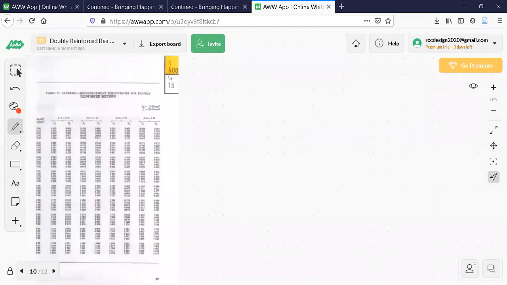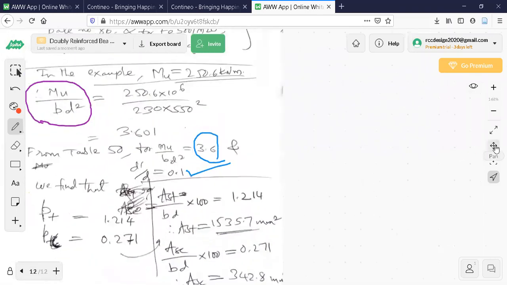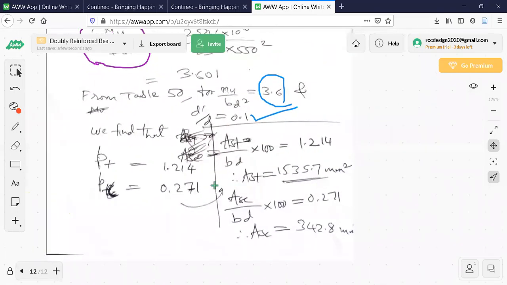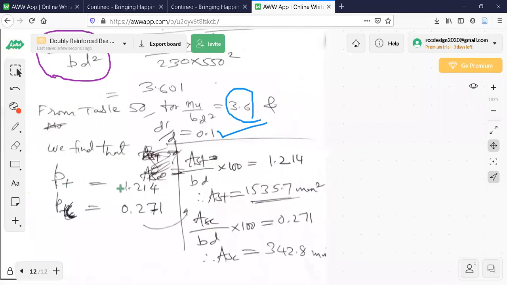Wherever I have done the calculation, see this. Now observe this one, how it is done. I know that PT is 1.214, PC is 0.271. From PT 1.214, how am I getting Ast? See this part. Ast by bd into 100 is equal to 1.214.